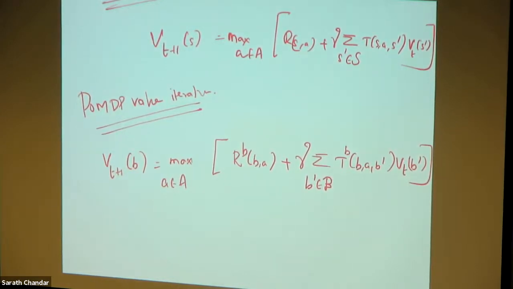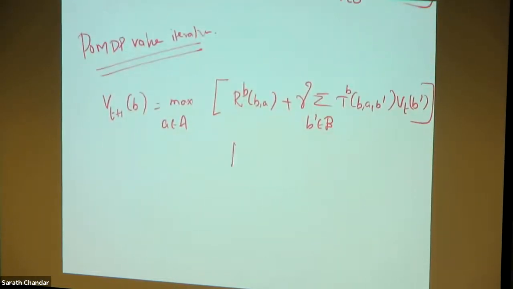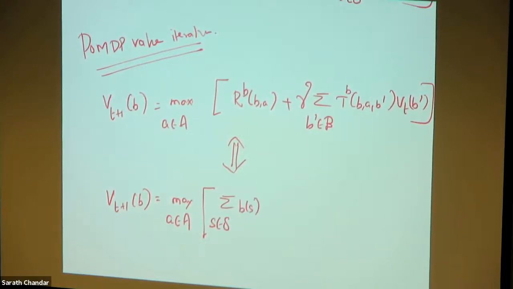Is that clear? So this is for the belief state MDP. Now I can rewrite this in terms of the POMDP notation and say that V T plus 1 of B is equal to max over A belonging to capital A, summation over S belonging to capital S, B of S, R of S comma A, plus gamma times summation over O belonging to capital O. Now we are in the POMDP space.